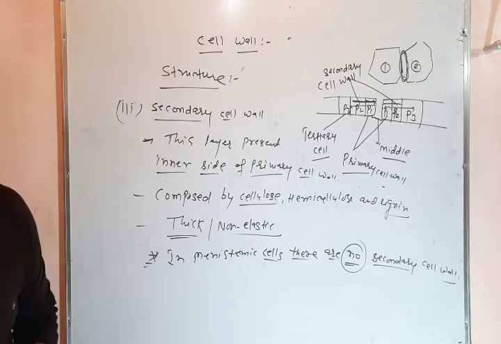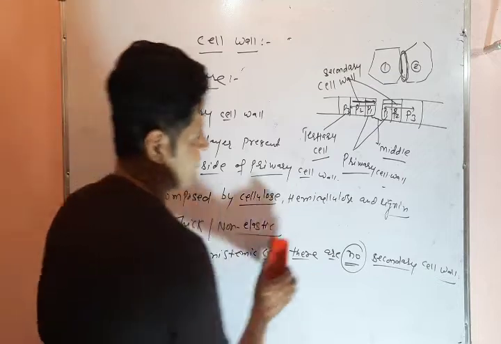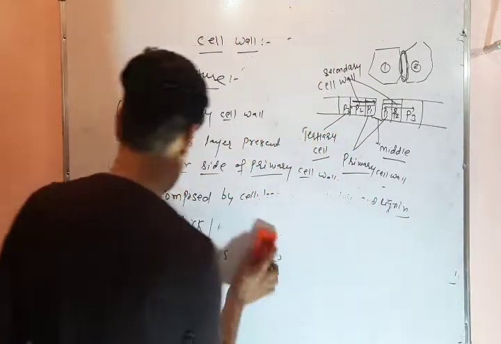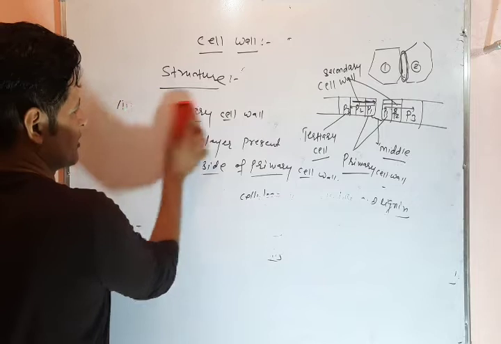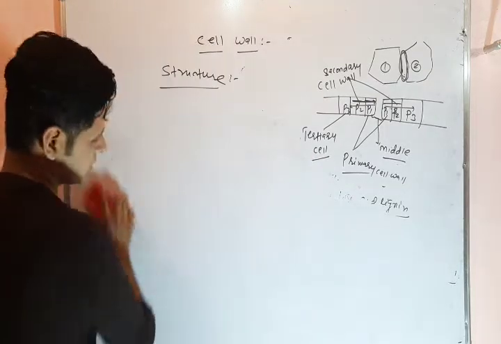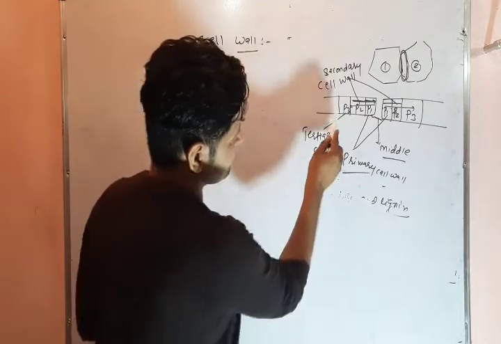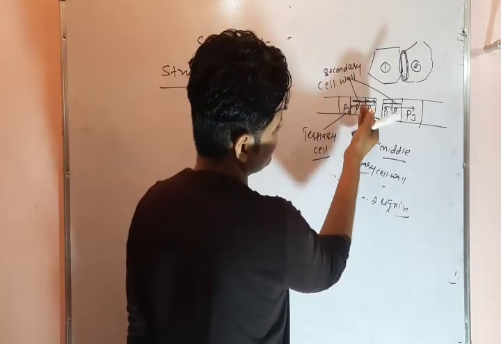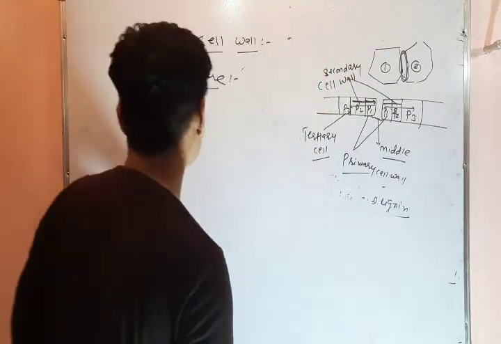Now we will discuss the tertiary cell wall, which is rarely present in cells. This is the tertiary cell wall, which is present on the inner side of the secondary cell wall.